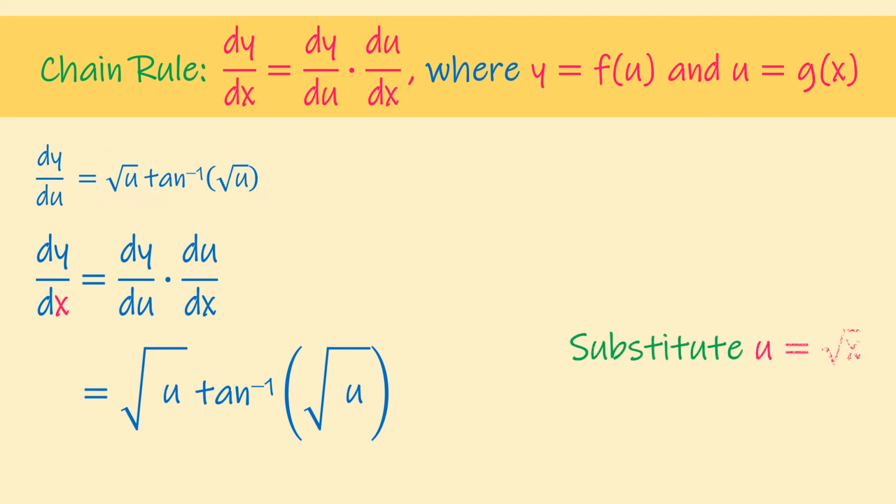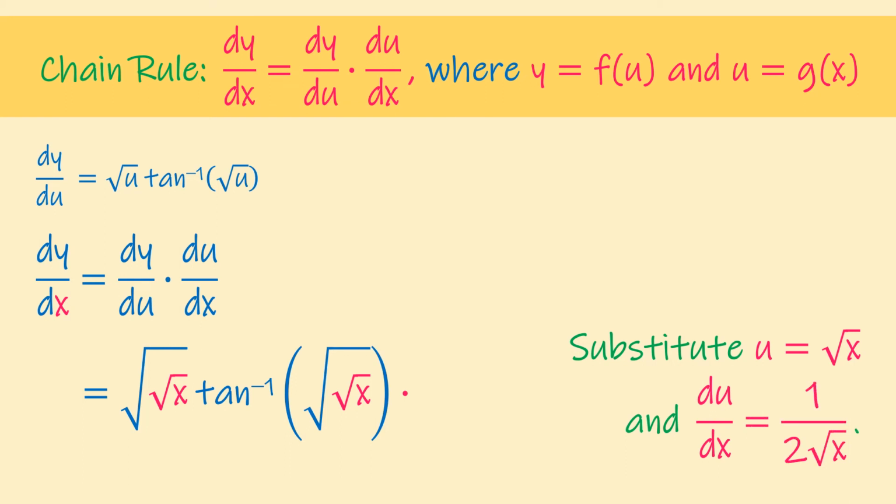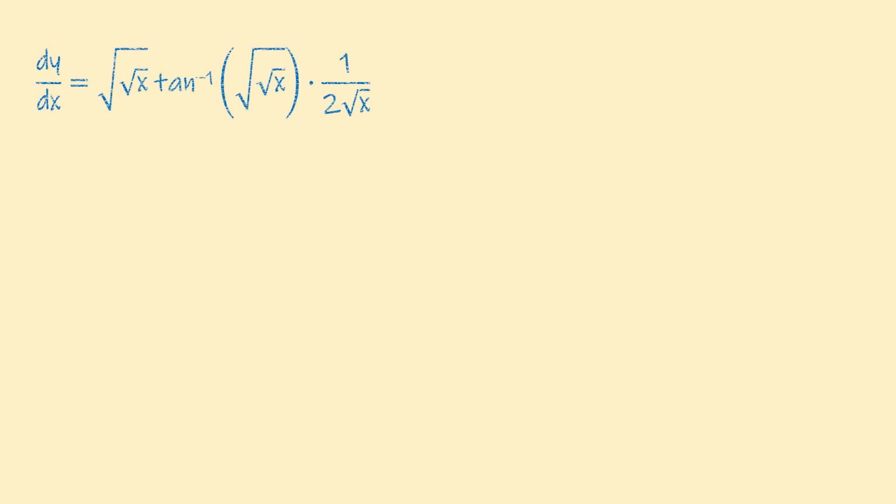Substitute u equals the square root of x. And the first derivative of u with respect to x equals 1 over 2 times the square root of x. Simplify the answer. Express the radicals in terms of exponents.